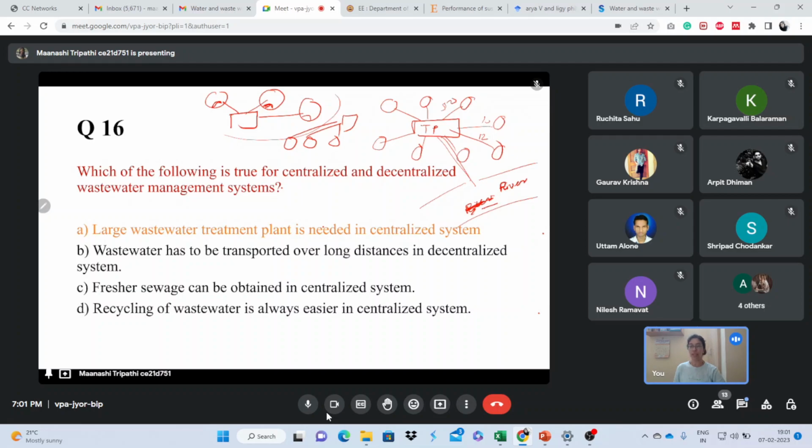For example, in a village where there is very little electricity, if we give a decentralized system, it will be very difficult to manage. So it depends upon the cost of electricity, the cost of labor, everything. In a decentralized system, more labor will be required.